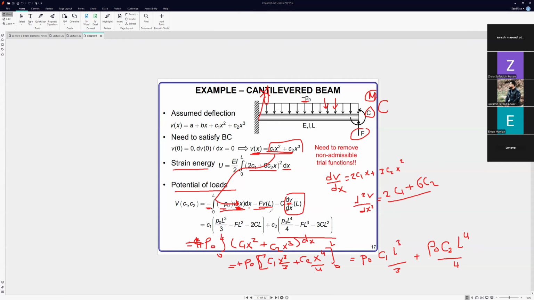And after opening this one, the first term here, the second term here, is it clear? I think it's clear. Okay.